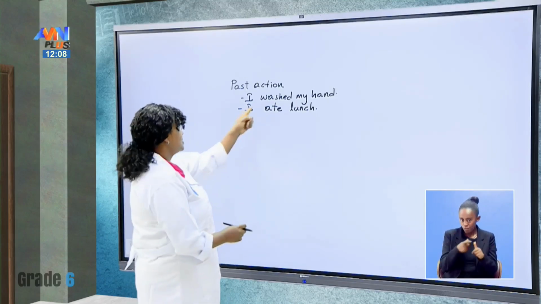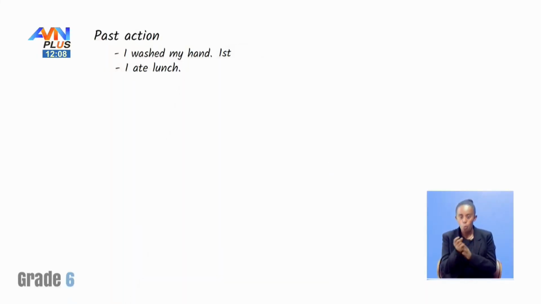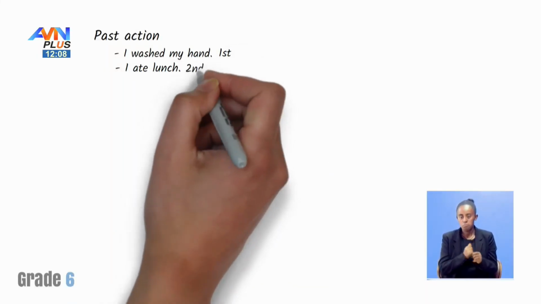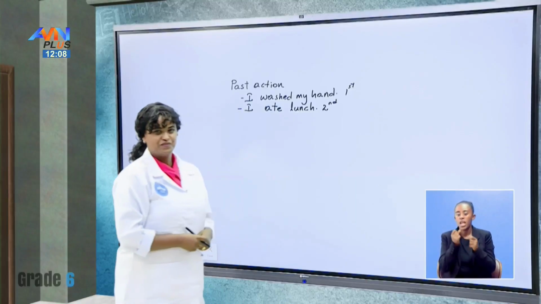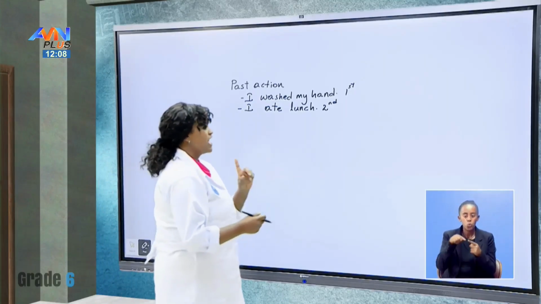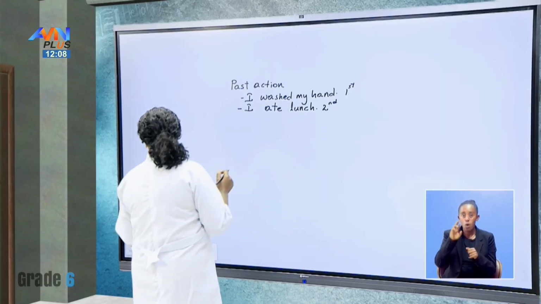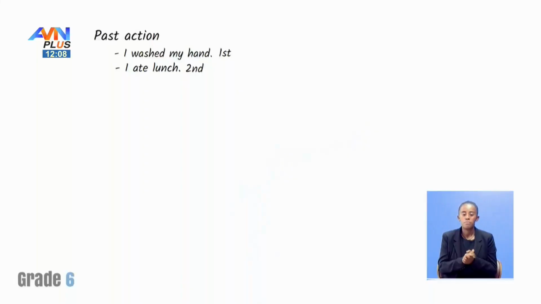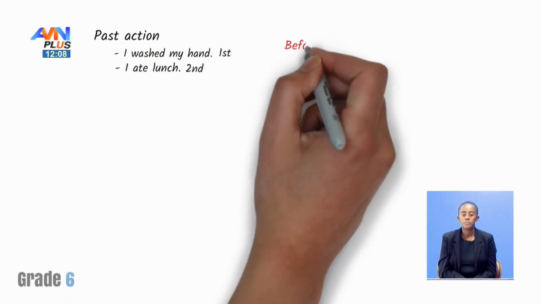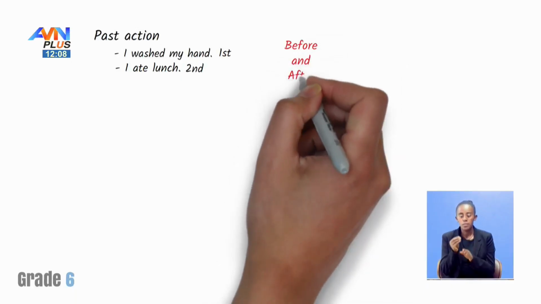So this one is the first action and this one is the second action. This time we're going to use before and after. Remember this, the words before and after.